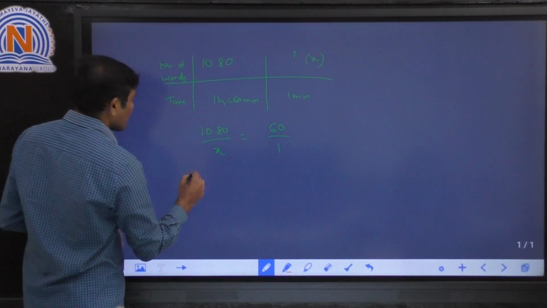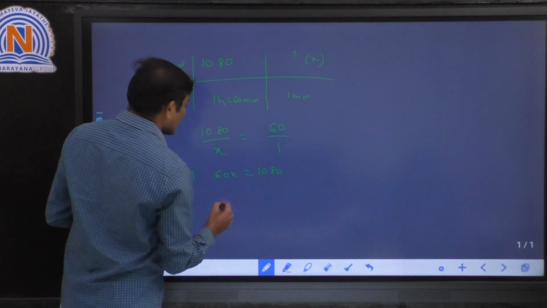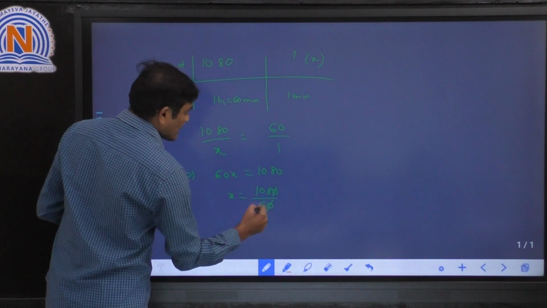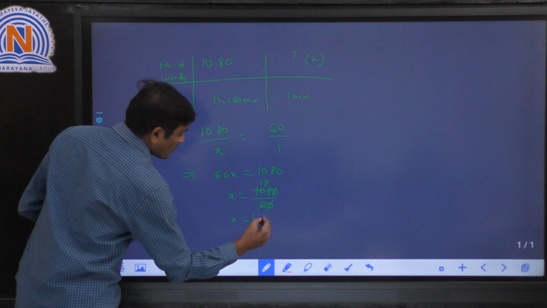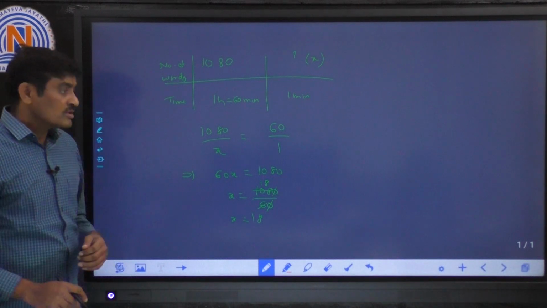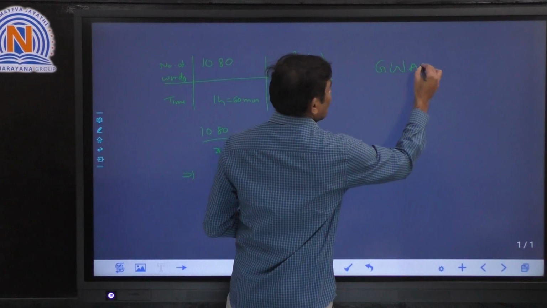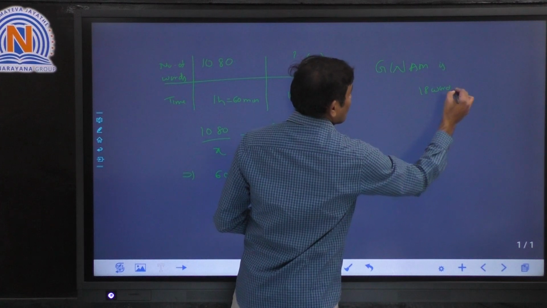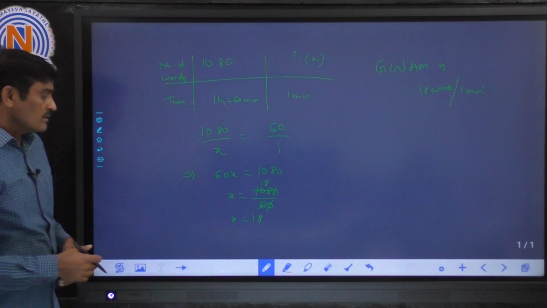While doing the cross multiplication, 60x is equal to 1080 into 1. Then x is equal to 1080 by 60. Zero, zero cancel. 6 ones are 6, 6 eights are 48. Then x is equal to 18. So her GWAM is 18 words per minute. Okay, this is the third sum.